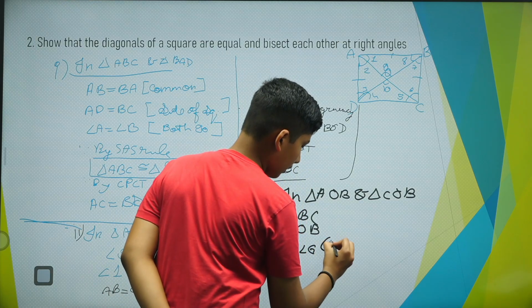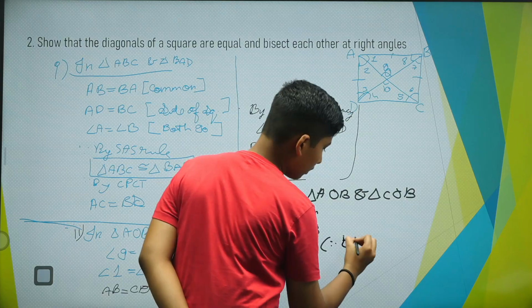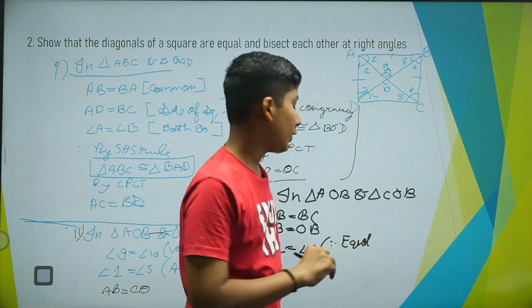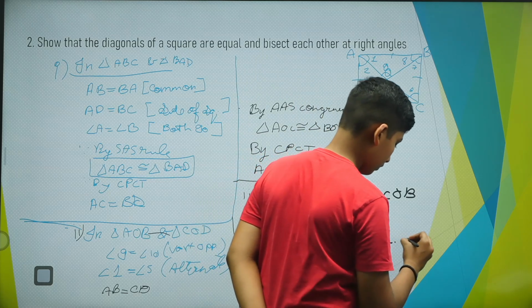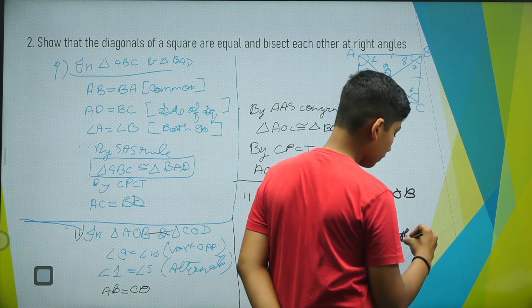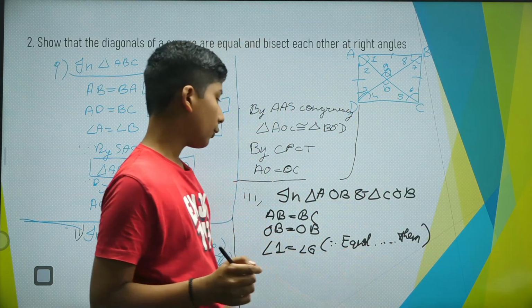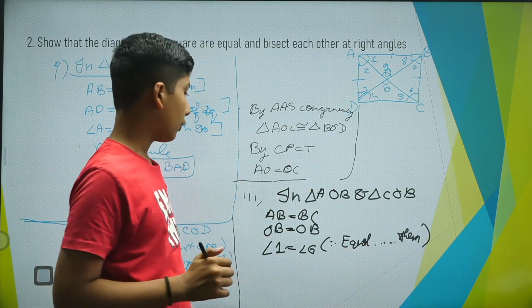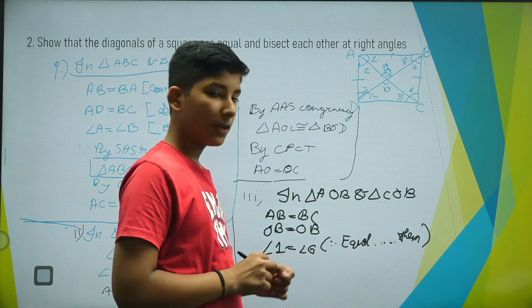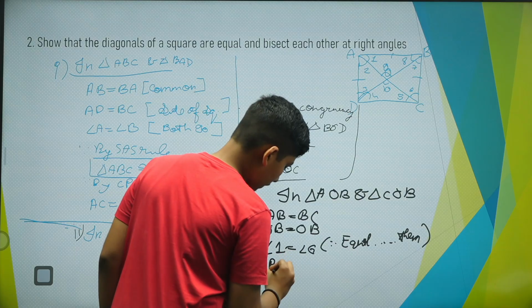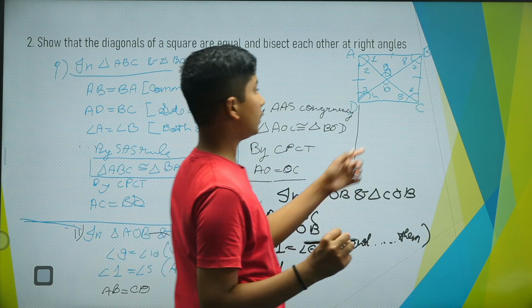Here write since equal sides have equal angles opposite to them. There is no space, so I am writing in short. But you don't have to put this, you have to write the full. Angle 1 equals angle 6. Therefore, by which rule?